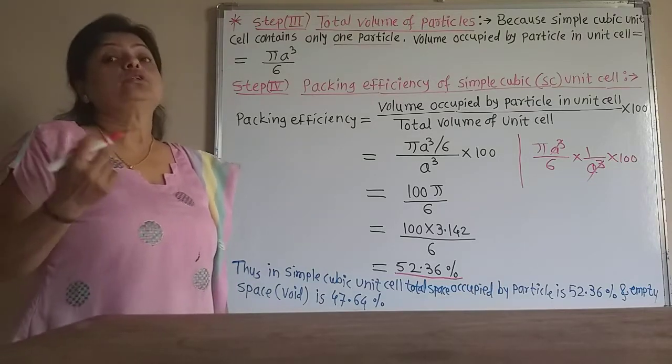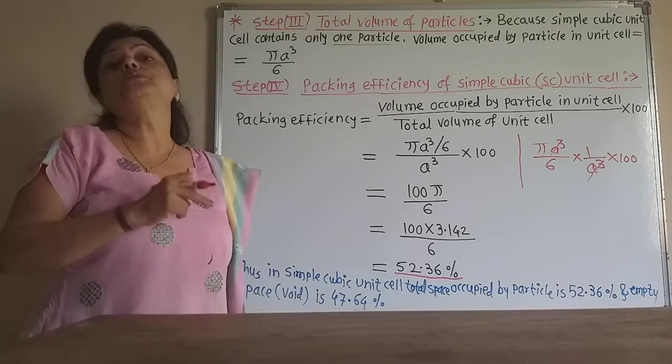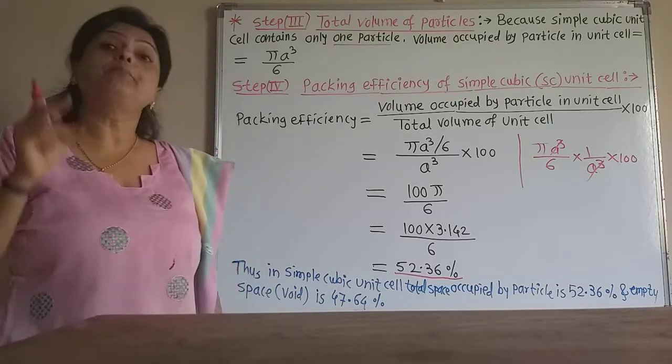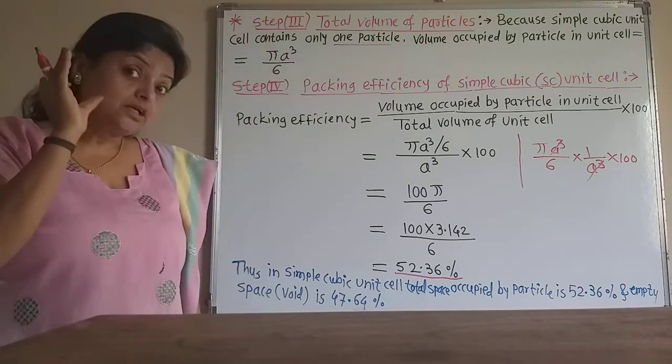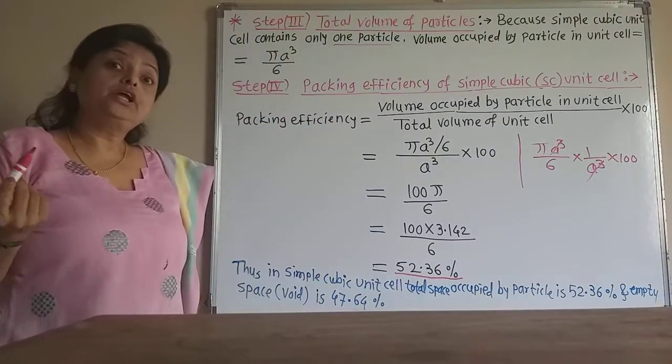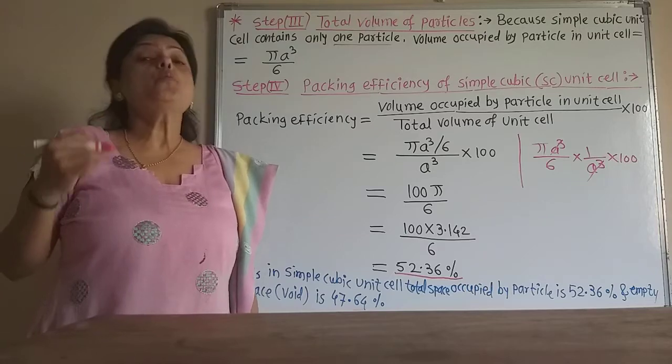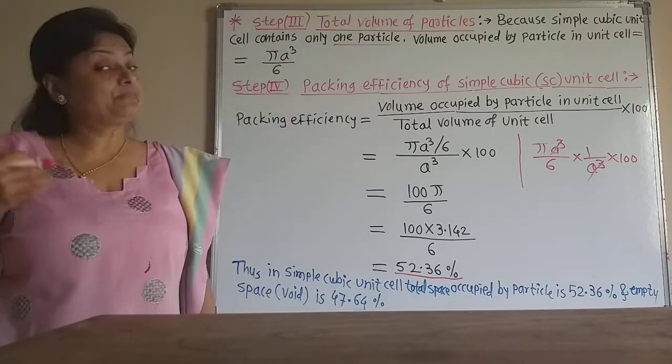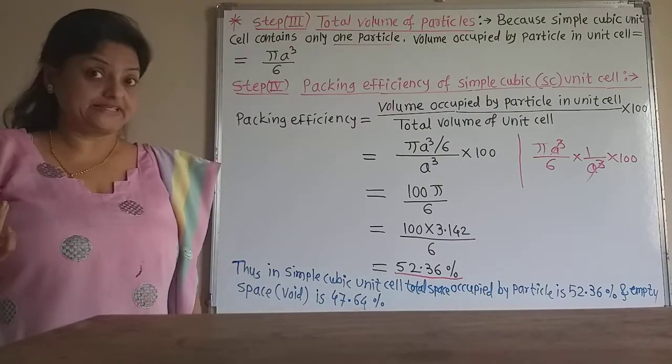That means in the total volume of the simple cubic unit cell, the particles occupy 52.36% of the volume. Then how much empty space is present in that simple cubic unit cell?